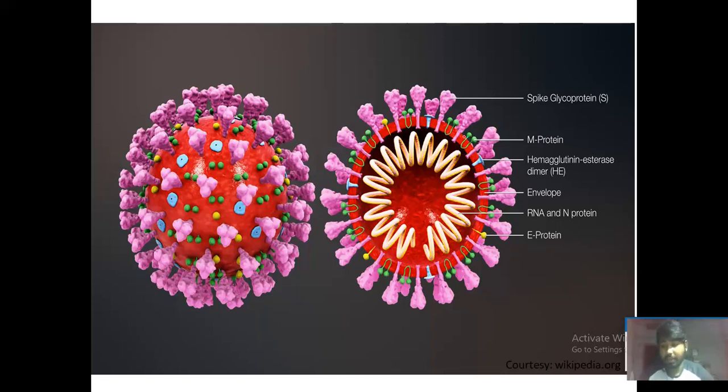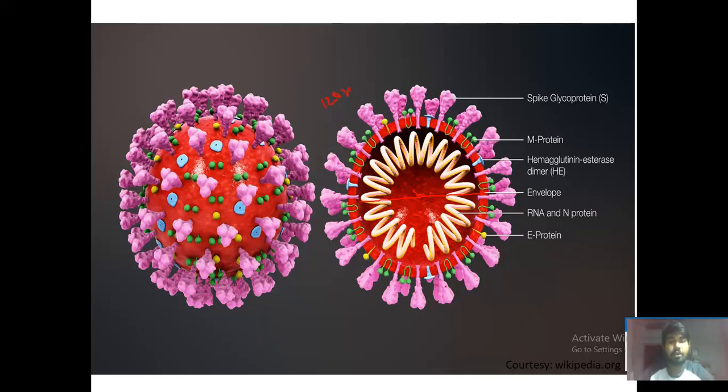They are pleomorphic organisms. That is, they are able to change their morphology, their biological functions, and their reproductive abilities according to the environmental conditions. These viruses have a diameter of 120 nanometers, and they have an envelope.